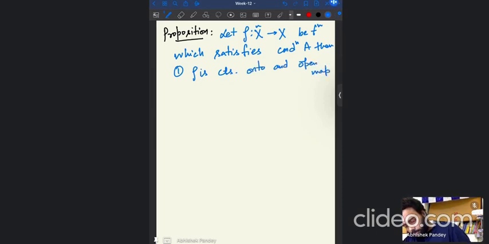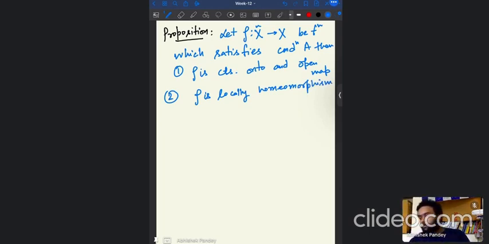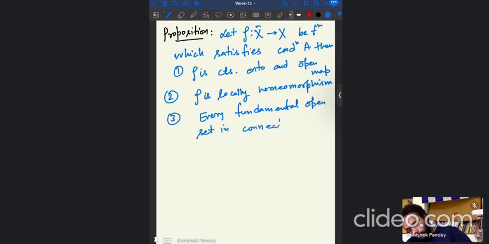Second, rho is a local homeomorphism. Third, every fundamental open set is connected.